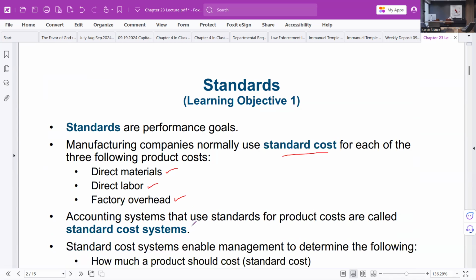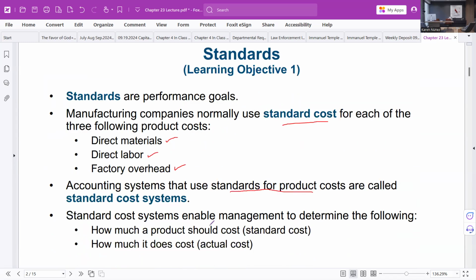And accounting systems are designed so that they use these standard costs for their products, and they're called standard cost systems. That means essentially that as we flow through the costs for materials, labor, and overhead, the costs that are flowing through the accounts are the standard costs, which means, of course, at some point we need to measure those standard costs versus the actual costs. Well, that's what we will ultimately do.